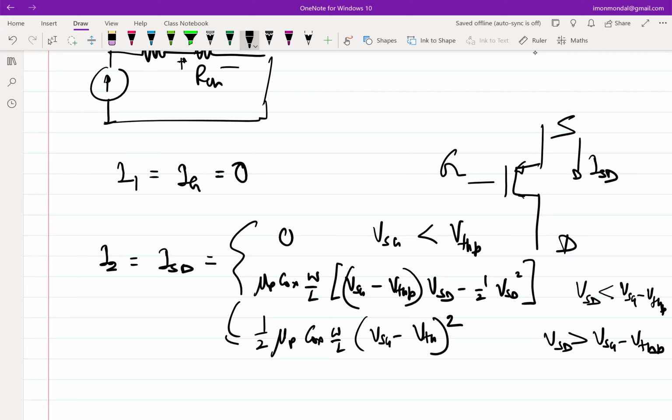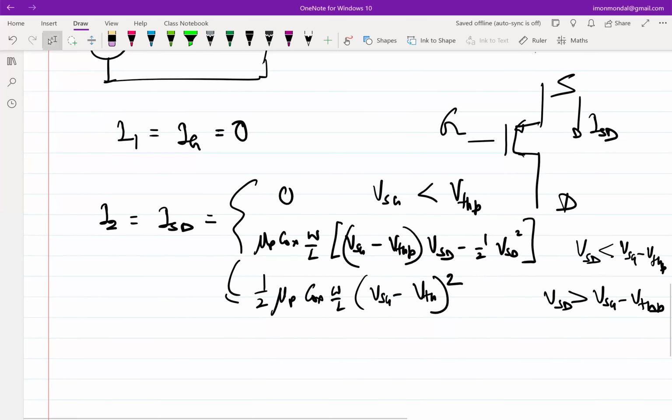I hope you will be able to relate these to some of the assignment problems we are doing, where we didn't talk about the devices per se, but I gave you the IV characteristics, which look similar to these. So in essence, you have already solved for this, so my job becomes easier.